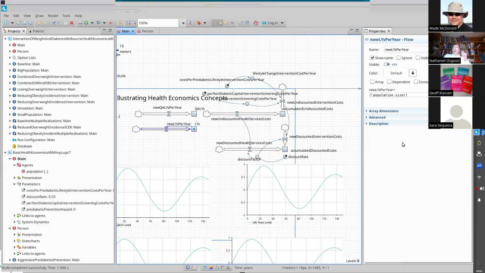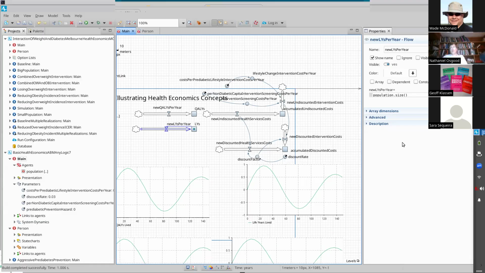Think about it. If the population size was just 1 person, then each successive year the model runs, it will accumulate another year's worth of life years, right? The person's living the first year, they've lived 1 life year. Living the second year, they've lived 2 life years.